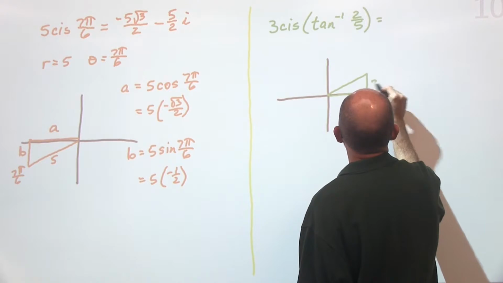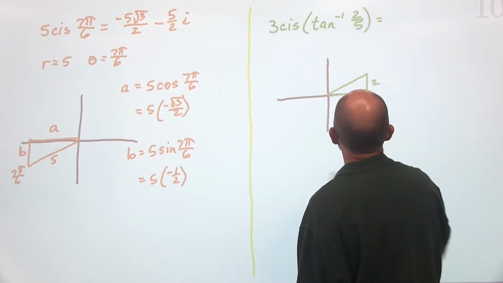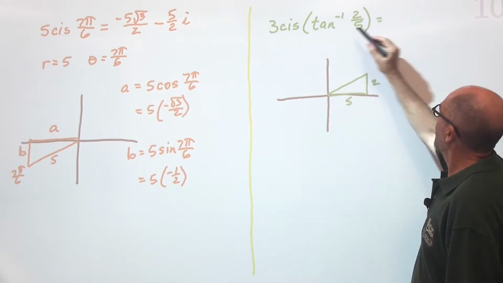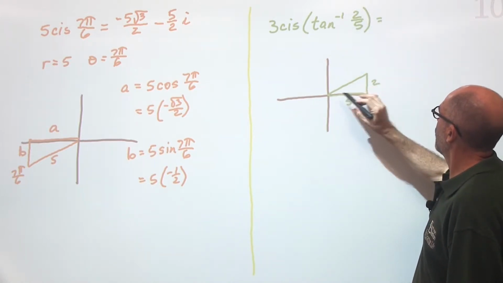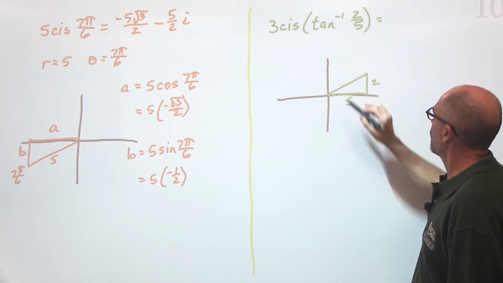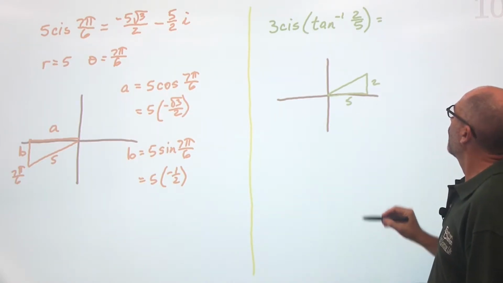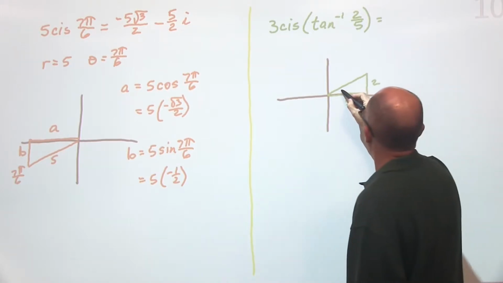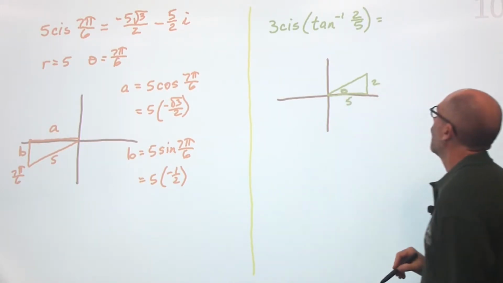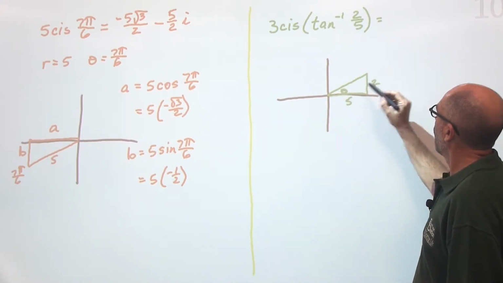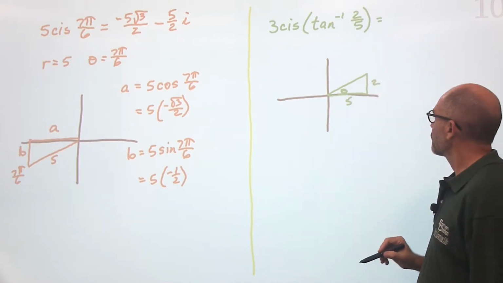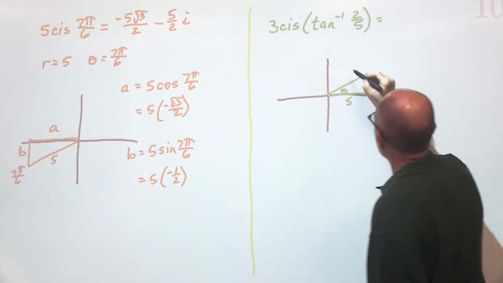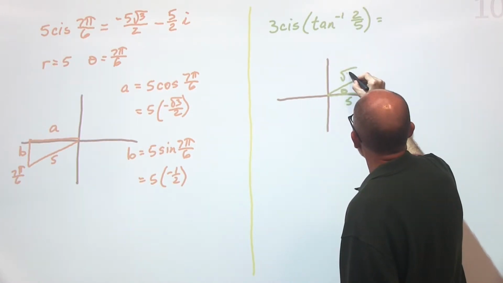So we have 2 and 5 here. So notice tangent of 2/5 is our angle right here. So we want the inverse tangent, and that's my angle. Well, what is my hypotenuse now? Well, 2 squared plus 5 squared is 29, so this becomes square root of 29.